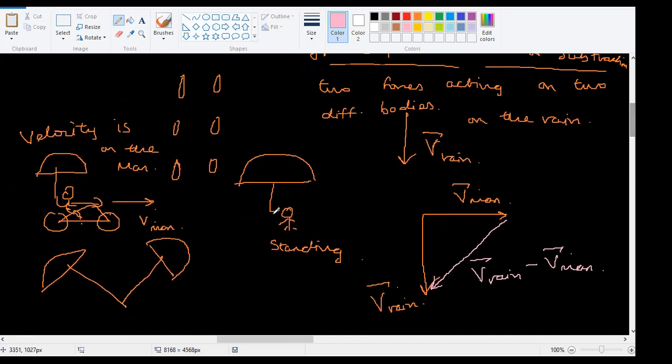If I was standing here, velocity of rain will be downwards and velocity of man will be 0. So in that case, the rain is falling with respect to the man vertically downwards. But when you're going at a high speed, like the man, even though the rain particles are falling down, with respect to the man, actually they are coming at an angle.